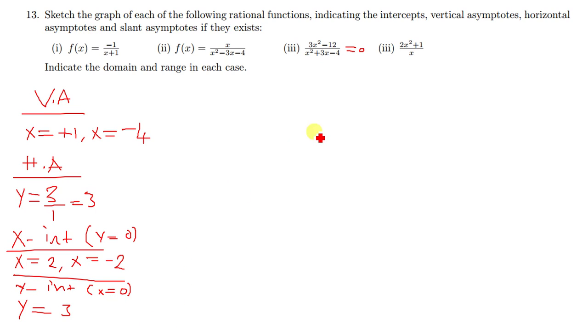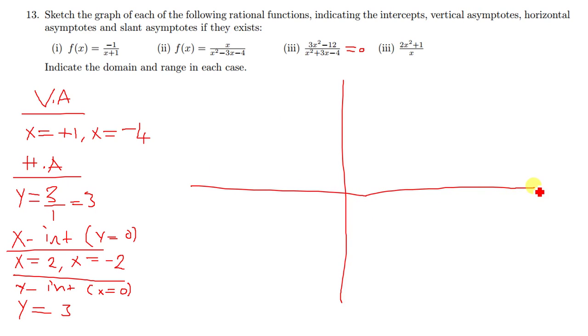And then we quickly move on to sketching. So your sketch is going to come out like this. Your curve is going to come out like that. You have your horizontal asymptote there, which is at 3.